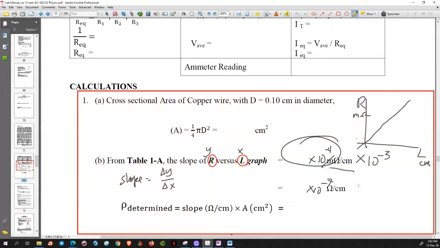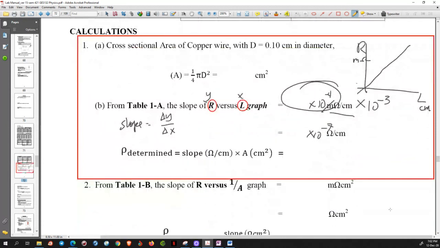Why is that important? Let me show you. When you calculate the resistivity, you will multiply ohm over centi by centimeters squared. This will cancel centi here, and this will cancel squared. Yes or no? The final unit will become ohm by centi.